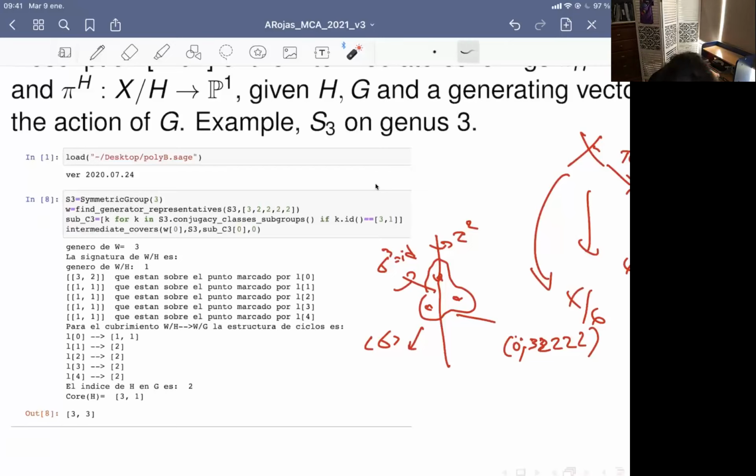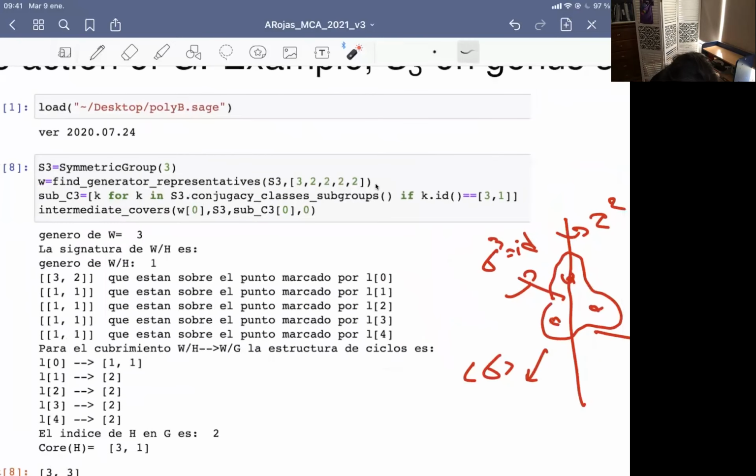Okay, so we first find generating vectors, and it says that there is just one. And then you identify the cyclic group of order 3 inside S3 in order to put it inside the computer. And then we build this routine, intermediate covers, that gives you, well, it is in Spanish, of course, I should have translated.